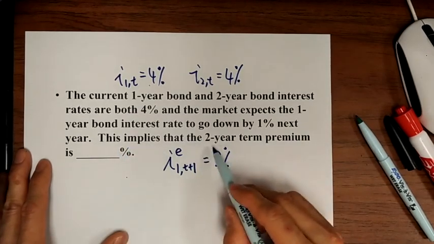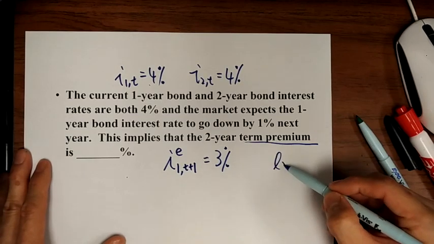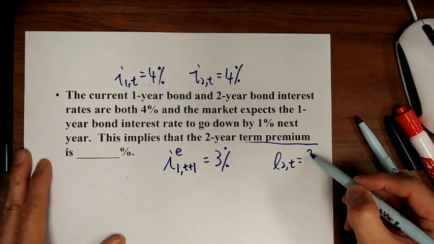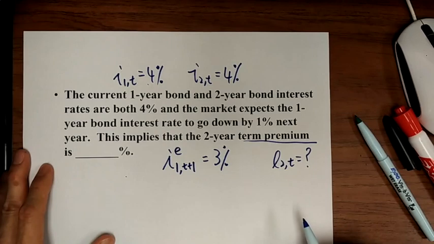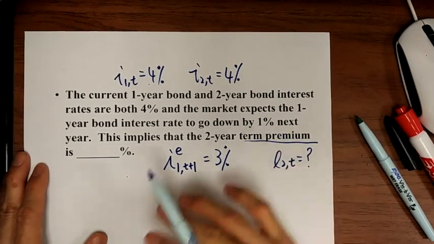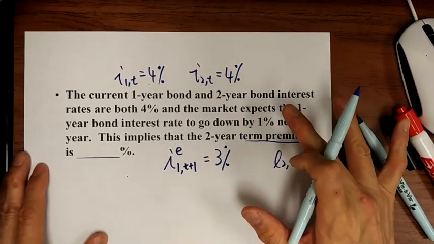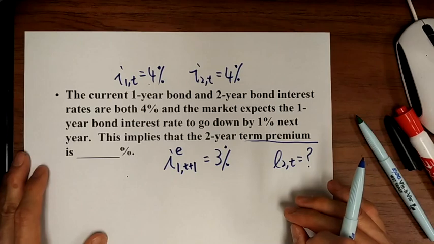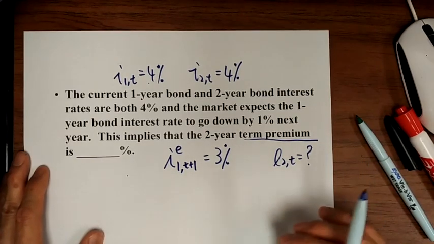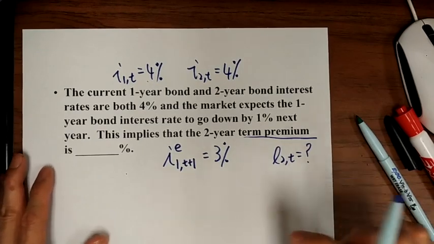This implies the 2-year term premium. So the question is asking for the 2-year term premium. Does this say any theory? The answer is no. If the question does not say any theory, which theory should you apply? The answer is liquidity premium theory, because it is the correct theory.